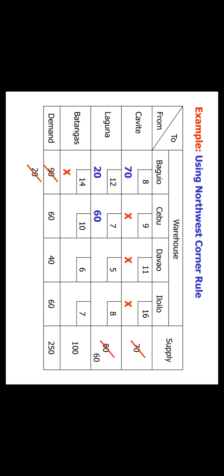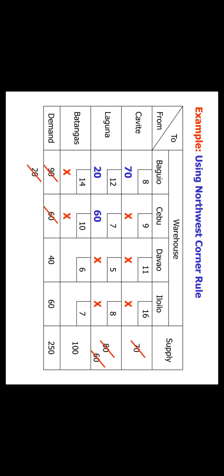And with that, we have depleted the total supply of Laguna, and at the same time, met the total demand of Cebu. So based on the process, we now have to eliminate the remaining cells in the row of Laguna and also eliminate the remaining cell in the column Cebu.